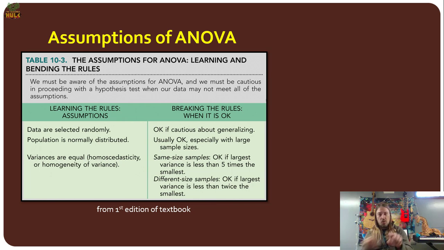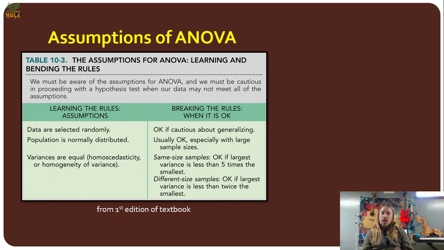If that's the variance of one group, the variance of the other group, we want them to be about the same, homogenized, right? Like homogenized milk mixes all the various batches so that it all tastes the same. So same variance. Another term for that is homoscedasticity. If you don't have homoscedasticity, you have heteroscedasticity, right? So prefixes that we're relatively familiar with, so you should be able to reason these ones out.